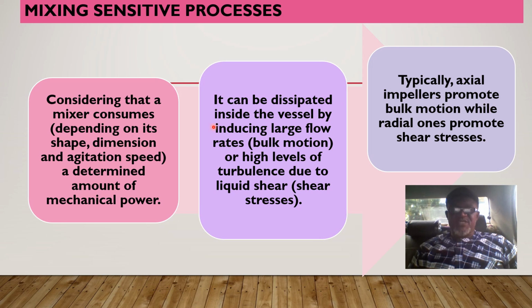It can be dissipated inside a vessel by producing large flow rates, that is bulk motion, or high levels of turbulence due to liquid shear, that is shear stresses. Typically, axial impellers promote bulk motion while radial ones promote shear stress. So basically there are two types here: bulk motion and shear stress.